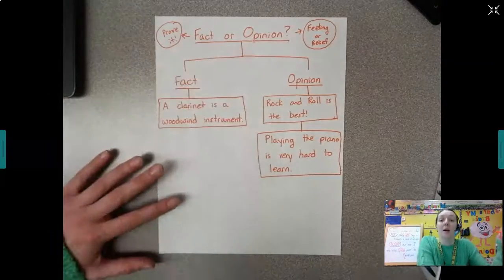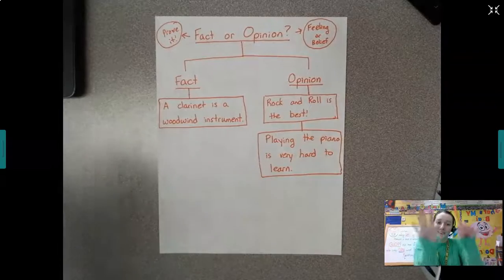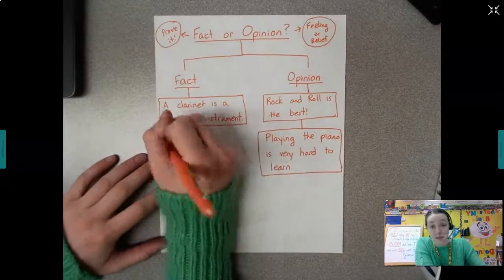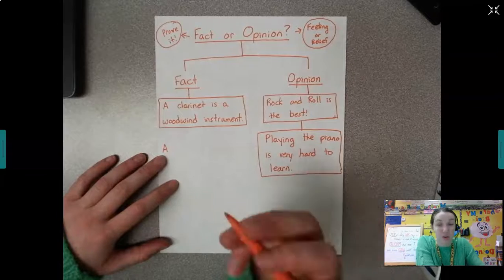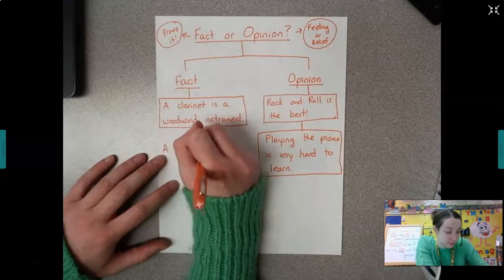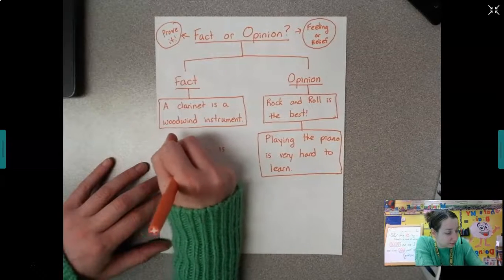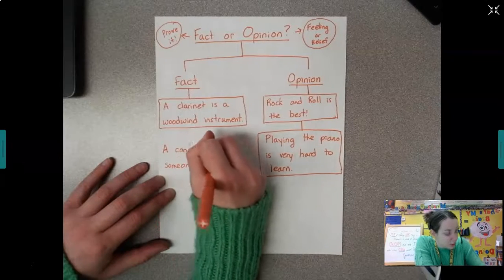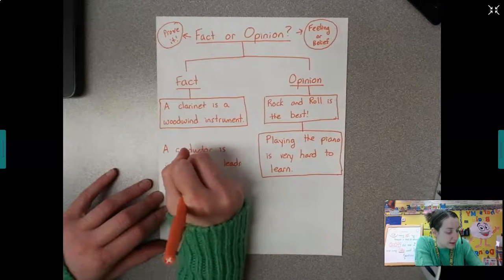The person who leads the band is called a conductor, and that's the one who's in the front going like this so that they know how to keep time is what they're there for, and to kind of direct how they play. They're also called a director. So a conductor is someone who leads a band, and that is a fact.